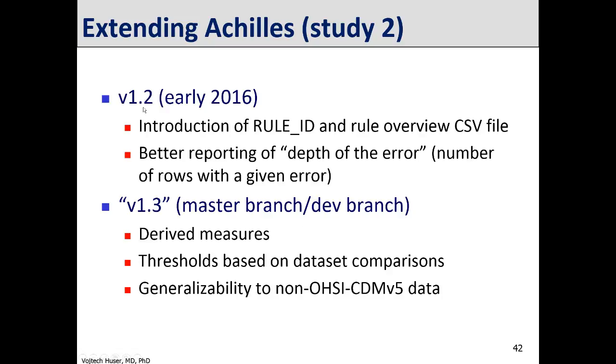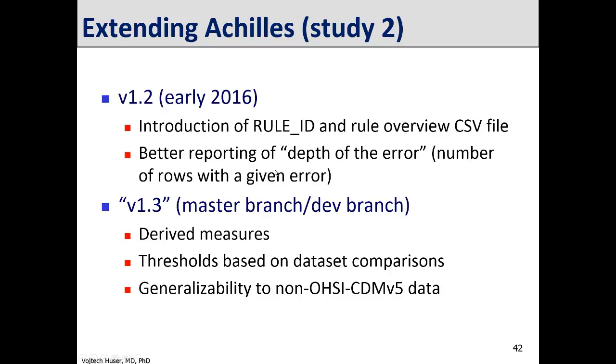For extending Achilles, we have introduced some extensions which were incorporated in early 2016 based on quick implementations of the problems we found in study 1. We introduced that rule ID, which I already presented, but it wasn't there at the time we were running the study, and the rule overview CSV file.